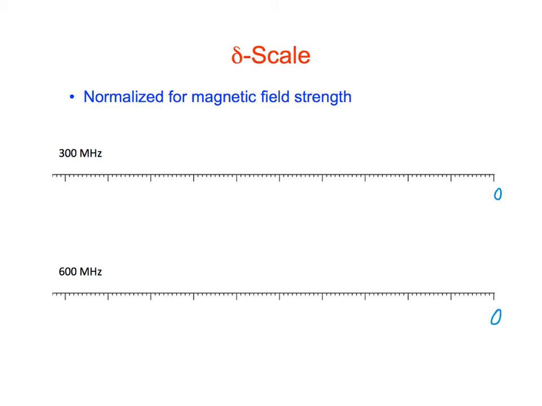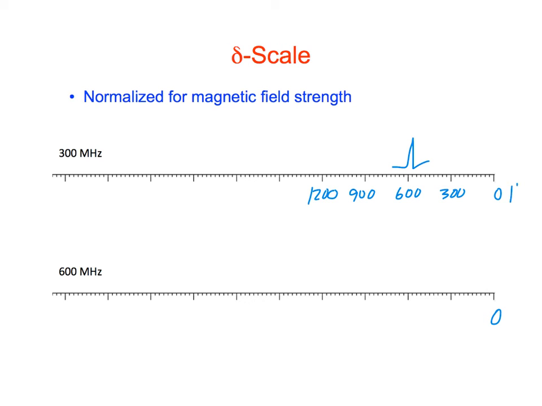So at 300 megahertz, the way we usually do this is this would be, say, 300, 600, 900, 1200, like this.